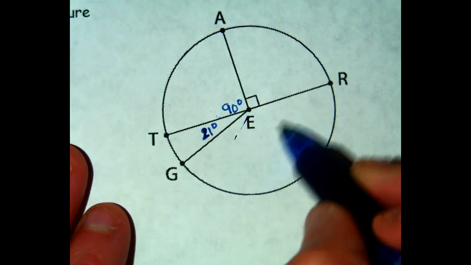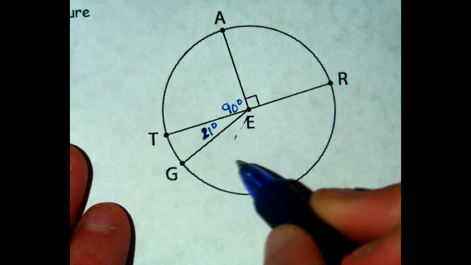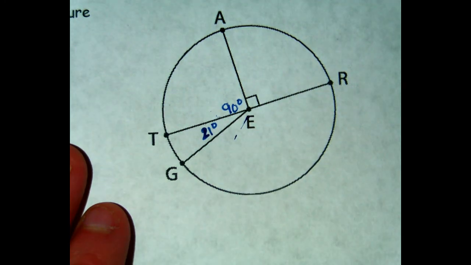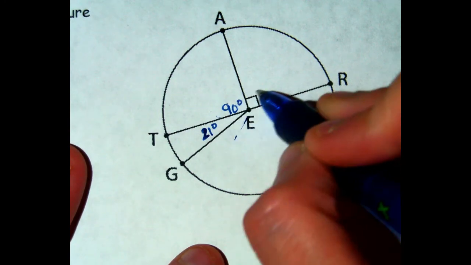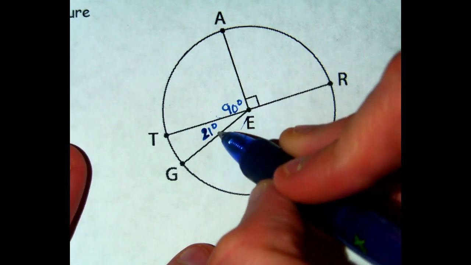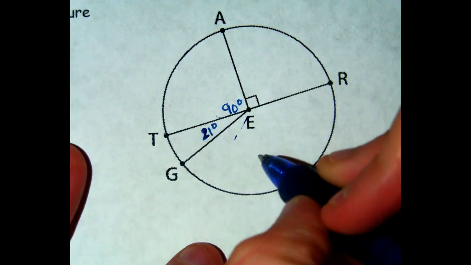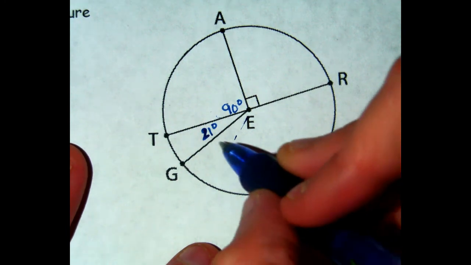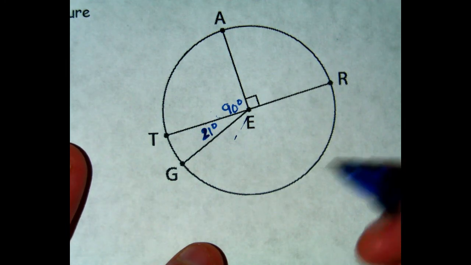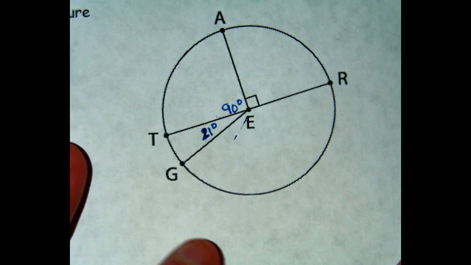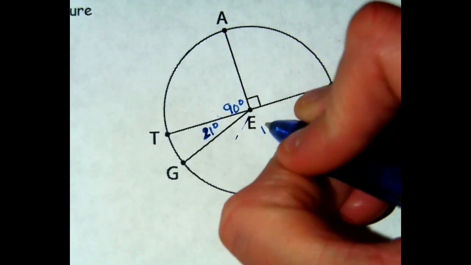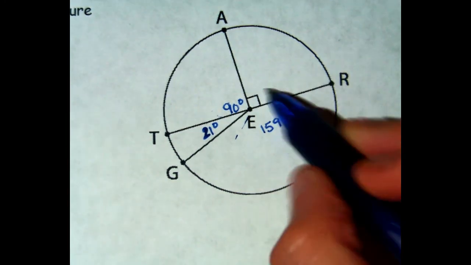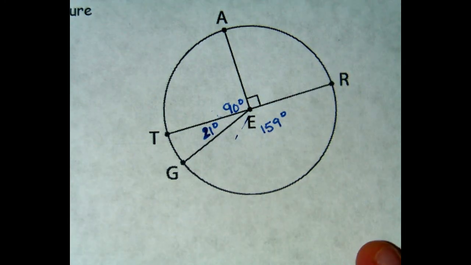How do we find this missing angle? You can either do 90 plus 90 plus 21 and subtract from 360 because there's 360 degrees. Or you could do 180 minus 21. It doesn't matter, but I need that number answer. 159.